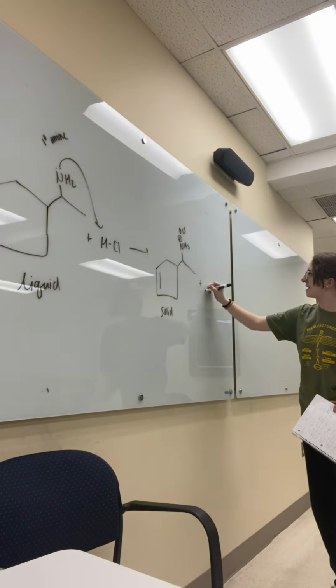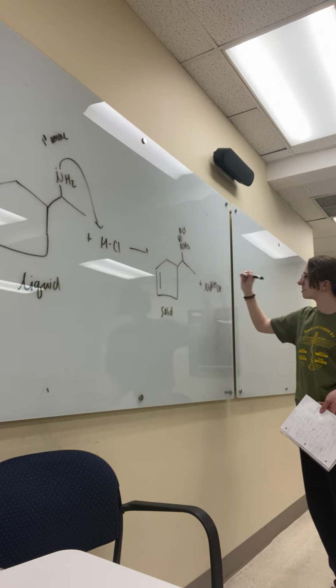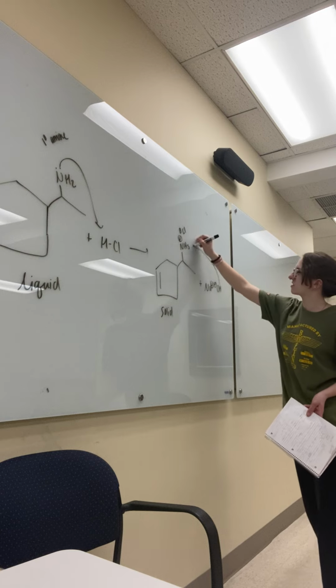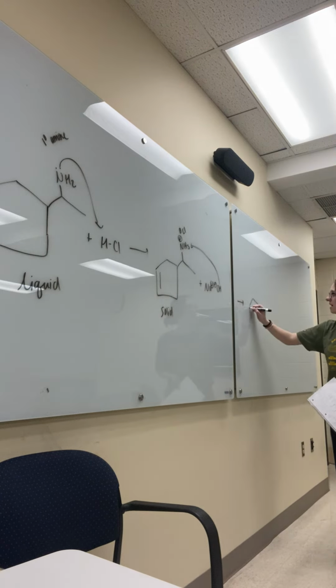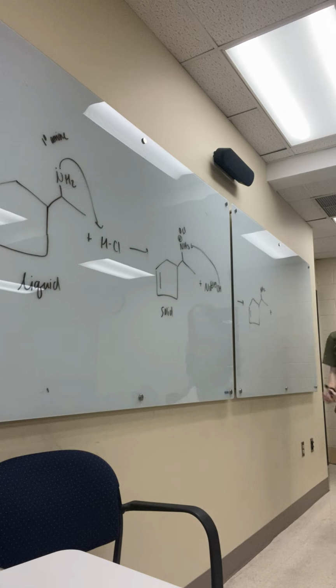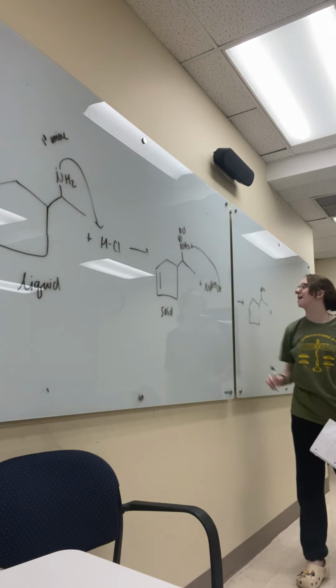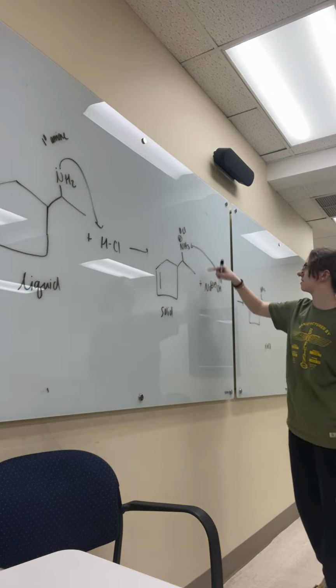Then when you add the NaOH, this NaOH is gonna get one of the hydrogens, and it's gonna convert it back into a free base with the formation of water, because remember it's grabbing one of the hydrogens, so it's gonna form H2O, and then the spectators down here are that NaCl from this and this binding together.